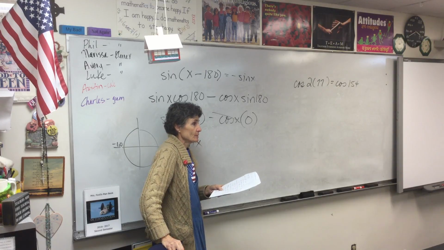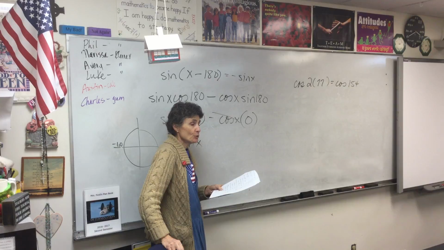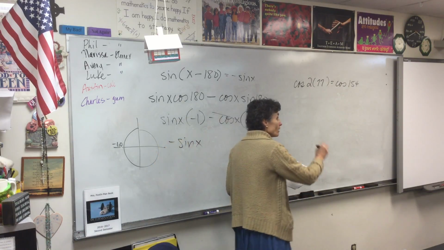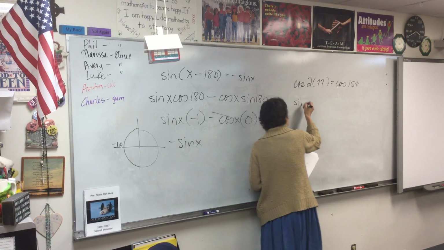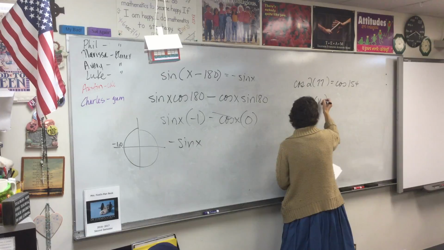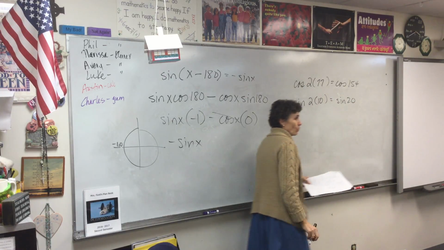What's C? 2 sine cosine is the formula for the sine of twice the angle. The angle is 10, so this is a formula for the sine of 20.